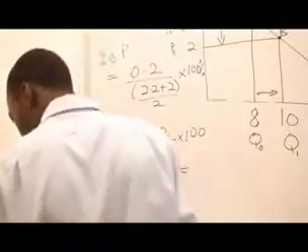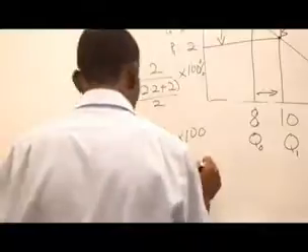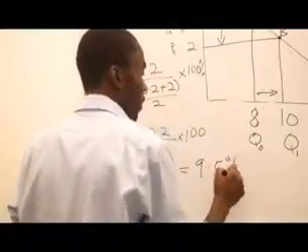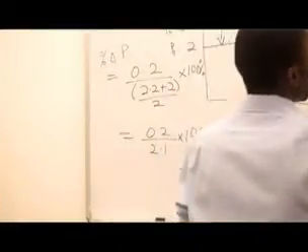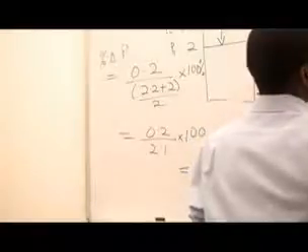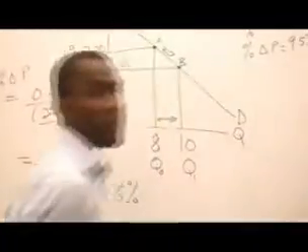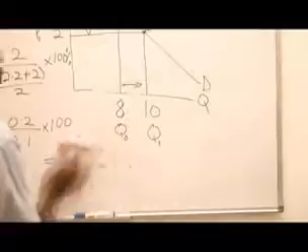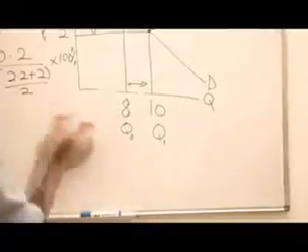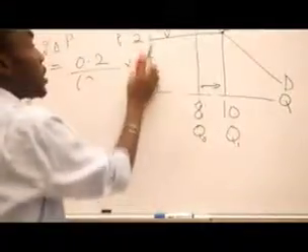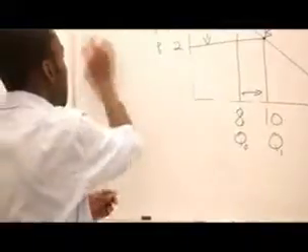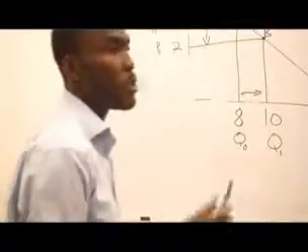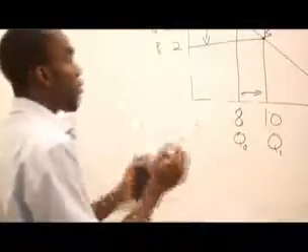And then our calculation will give us 9.5%. So our change in price now is 9.5%. So based on these two results, we can then calculate our price elasticity of demand using the midpoint formula.